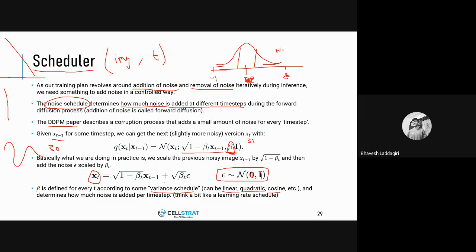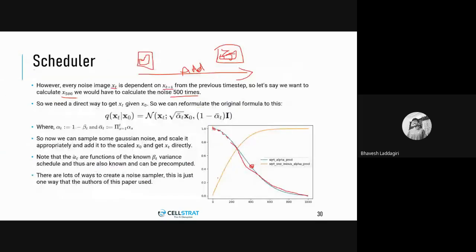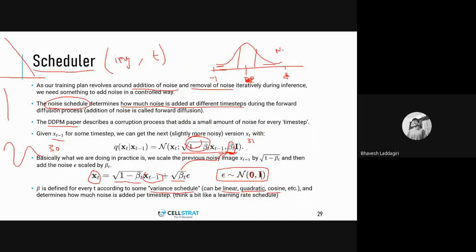In a practical way, we are taking the image, scaling it with the mean, with this term here, and then we are adding some Gaussian normal noise, which is again scaled by this term. Now we're doing the same thing, but now we have two different terms. We have root of alpha t bar, and we have 1 minus alpha t bar.